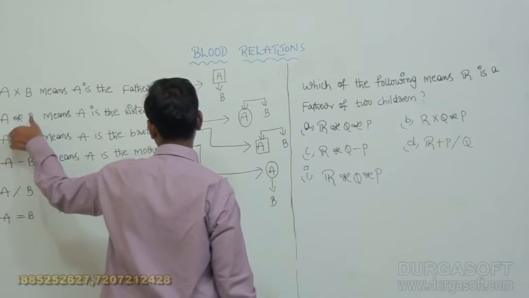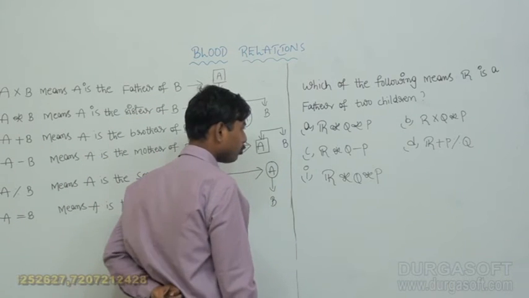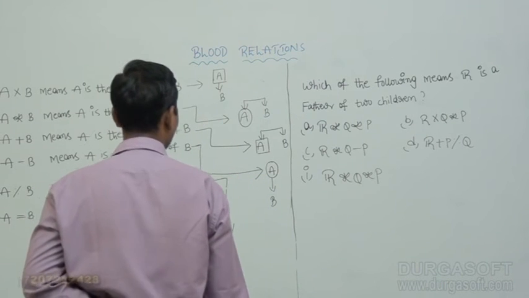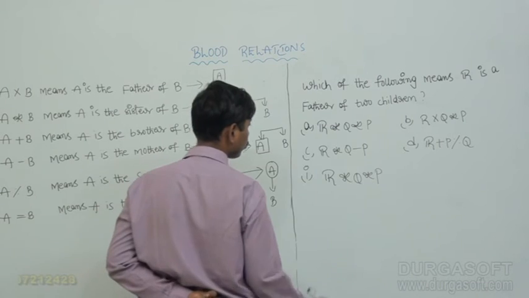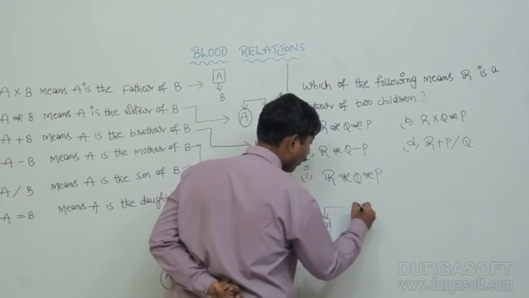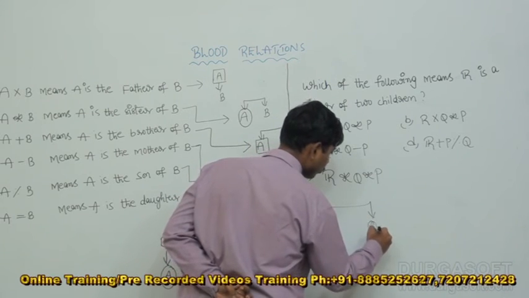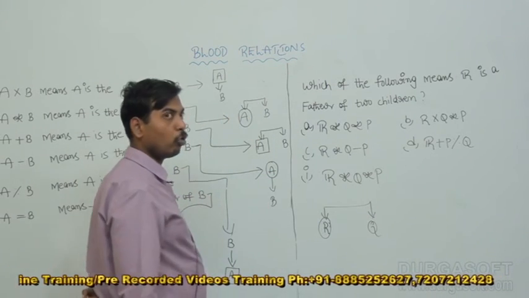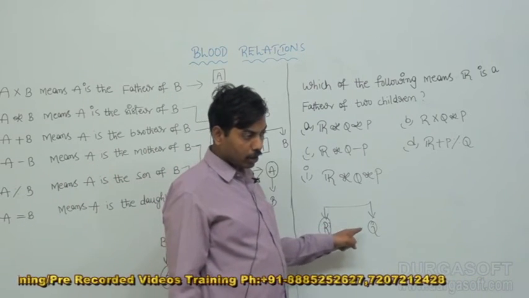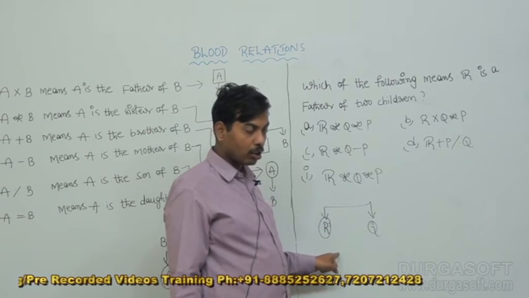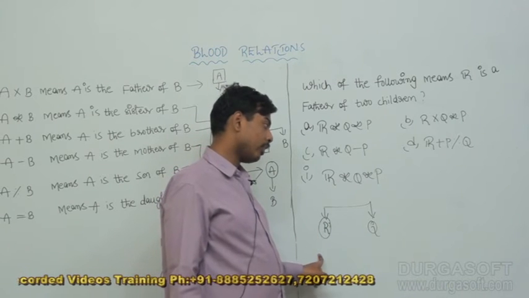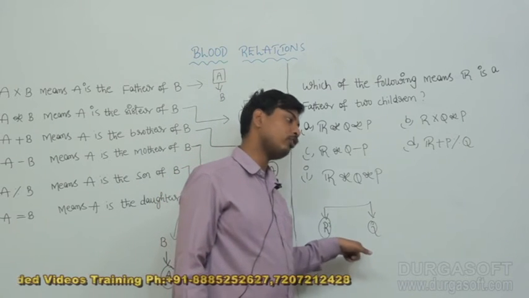A star B means A is the sister of B. In the same manner, R star Q means R is the sister of Q. R is the sister of Q means R and Q are in the same generation, and we do get clarity here. The gender of R is female. The gender of Q, we don't know.